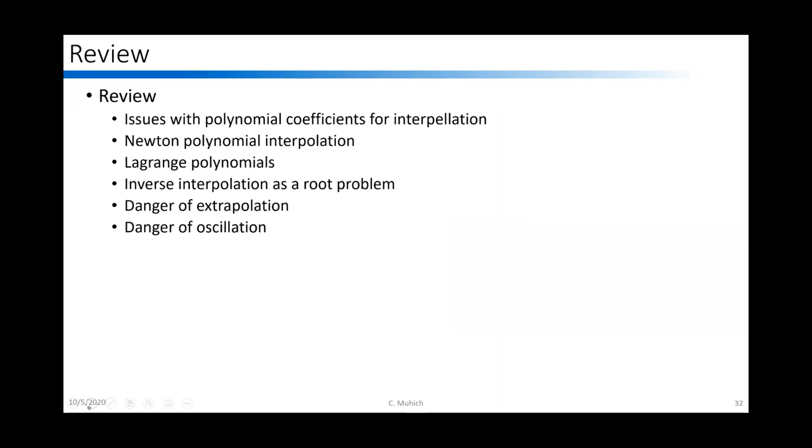With that, I want to review what we covered today. We talked about using polynomial coefficients for interpolation. We could get those using linear algebra or Newtonian polynomial interpolation or Lagrangian polynomials.